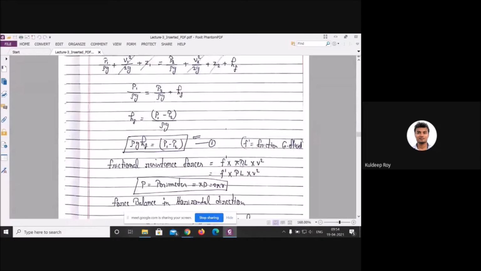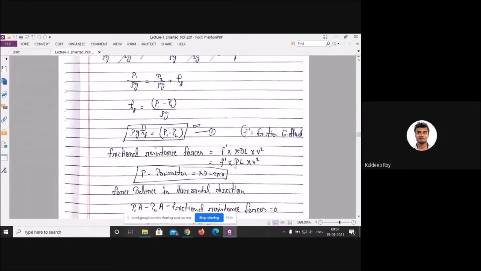So the same thing we have taken: the wetted area is pi multiplied by d into l, the area multiplied by v square, sorry, only v square. Then this particular position is the perimeter. Perimeter equals pi d, or 2 pi r. Then you have mentioned here P only.